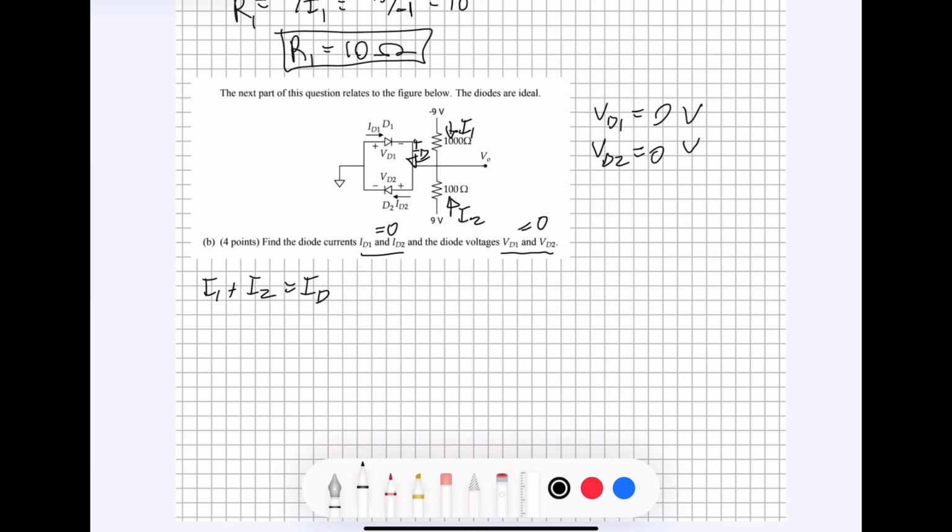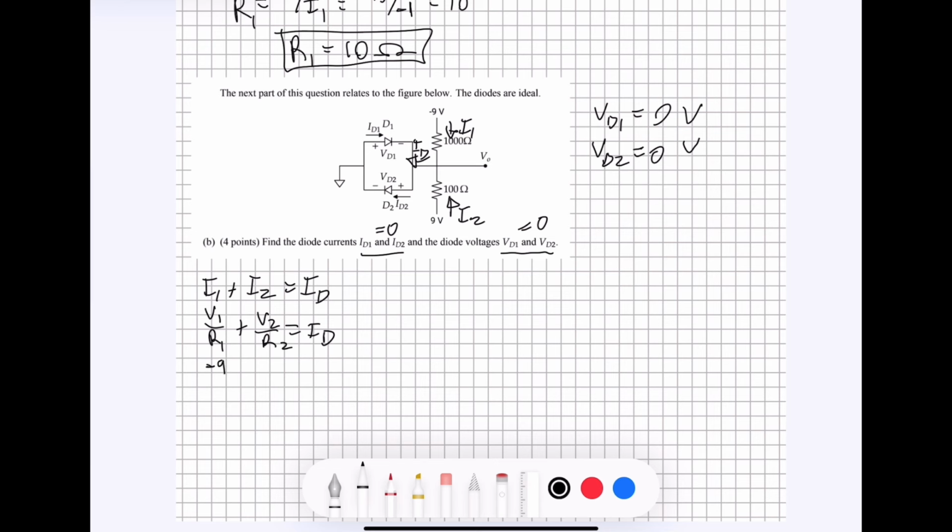All right, now using Ohm's law, we can say that V1/R1 plus V2/R2 is going to be equal to ID. And luckily, we are given all of these values in our problem up here. This is going to be V1, R1, V2, and R2. So we can just plug that back into our equation.